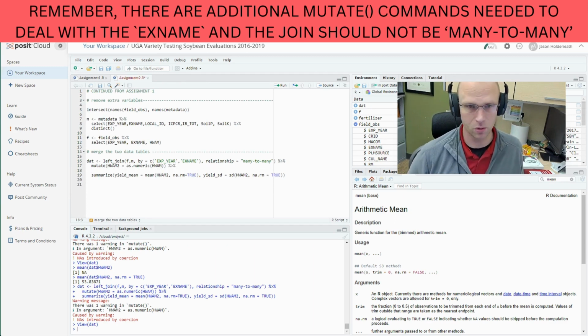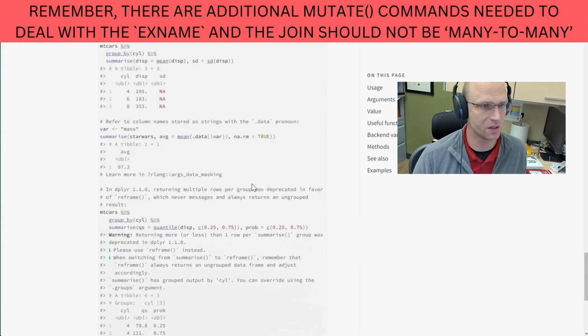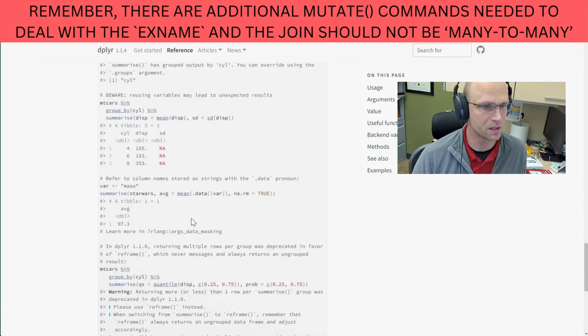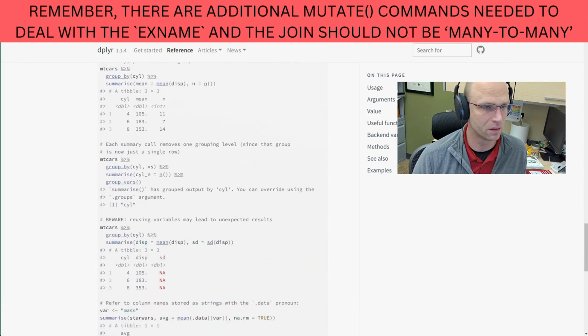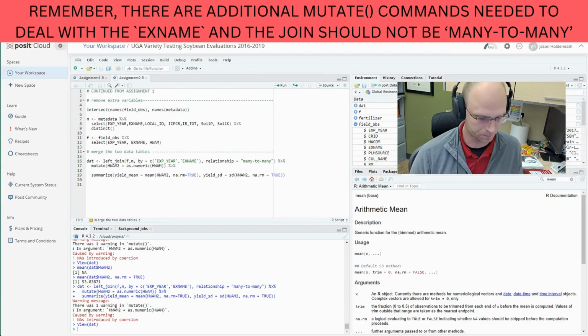We want to group this. Now let's slide down the help file here. We see that we can group by as something before our operation. So let's group by.